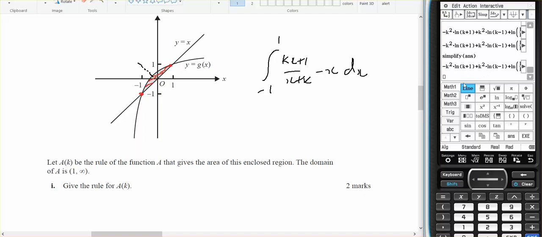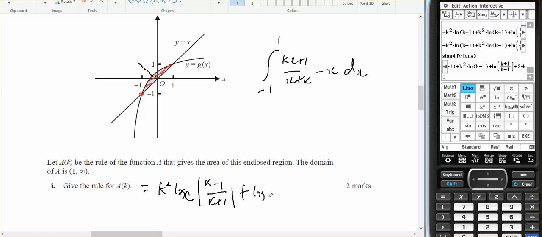These can be combined to give you k squared log base e of (k minus 1 on top of k plus 1) plus log base e of (k plus 1 on k minus 1) plus 2k.